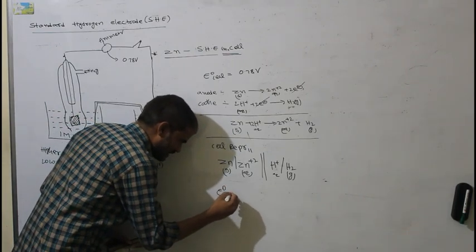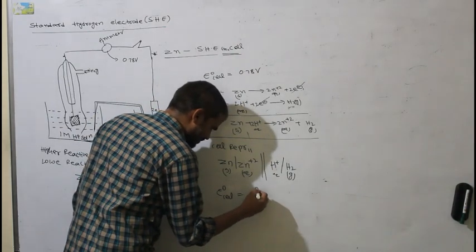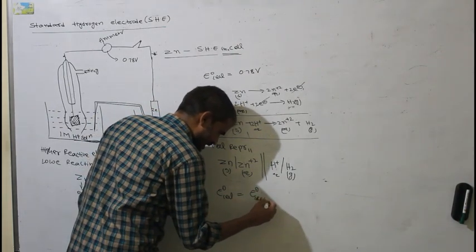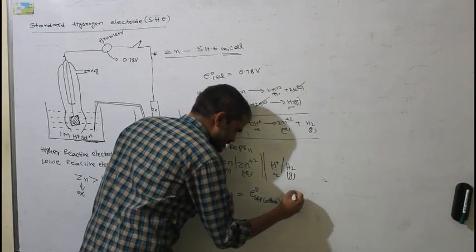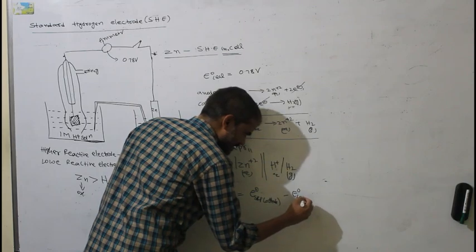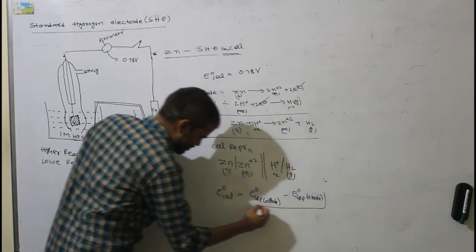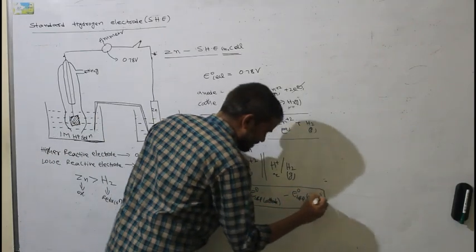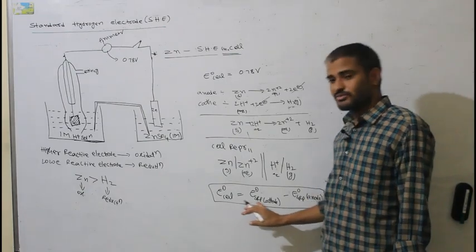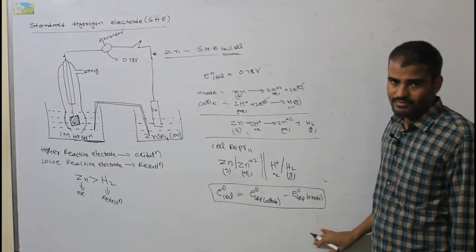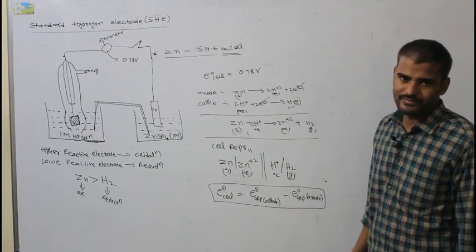E naught cell equals the standard reduction potential of the cathode minus the standard reduction potential of the anode. There are 3 formulas, but once again I am reminding you, go with the reduction potential value. It will be more convenient. Most of our problems will be with the SRP only.